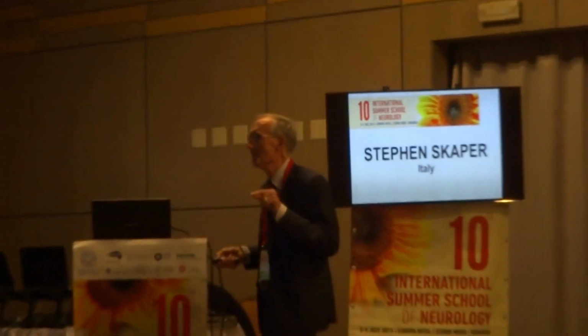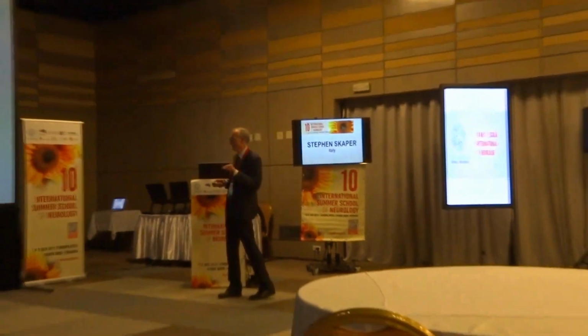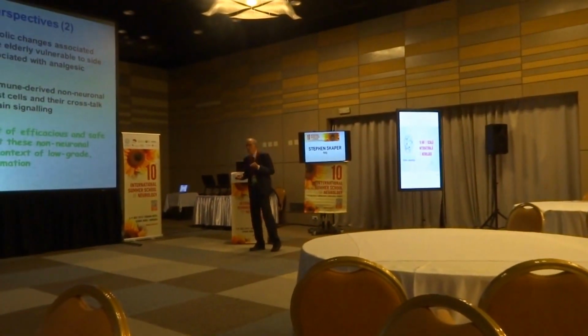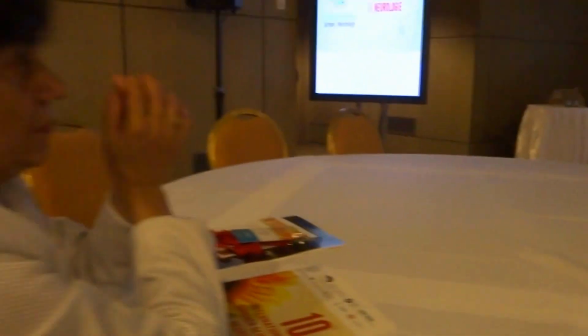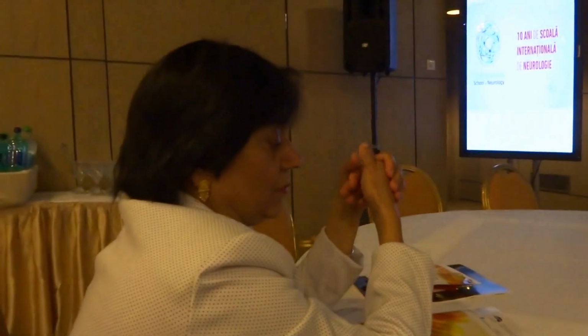So I guess the final message is that developing more effective and safe therapeutics to treat these non-resolving inflammatory conditions requires targeting all the cells involved in the cascade, so a multimodal approach, as someone would say. So with that, I think I'll stop.